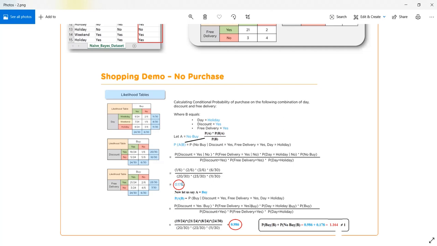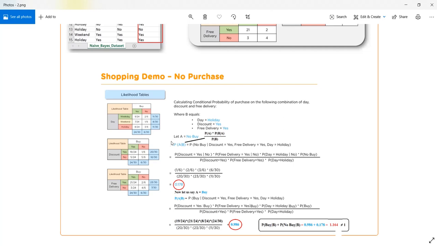So we did this calculation and we get 0.178. Such a low probability of no purchase, given that this is the condition on the descriptive features. This makes sense, why would people not purchase if such things are given to them. Okay, so this is very interesting.